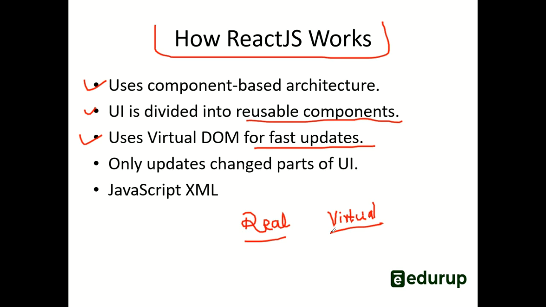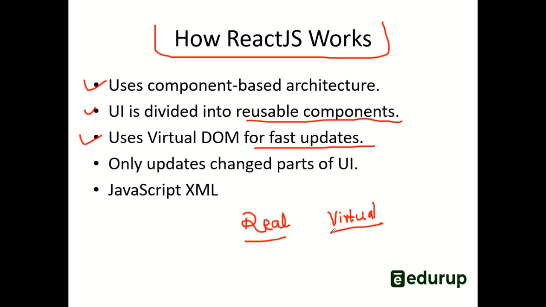Real DOM. DOM means document object model, which is the structure that the browser uses to represent all the elements on a web page, like headings, paragraphs and buttons.